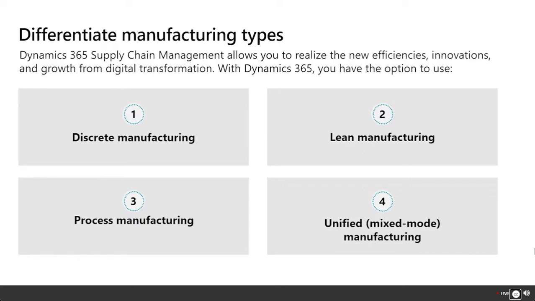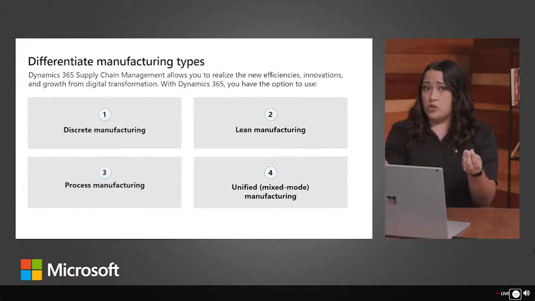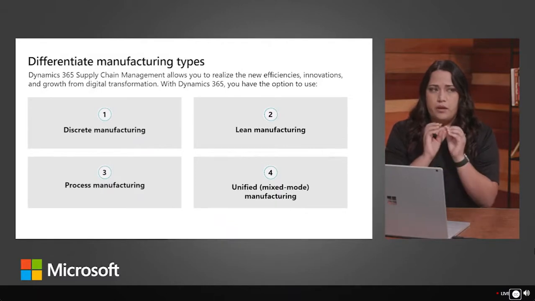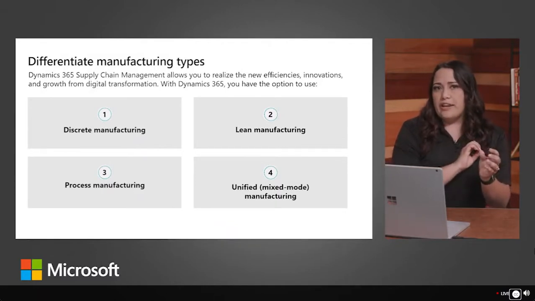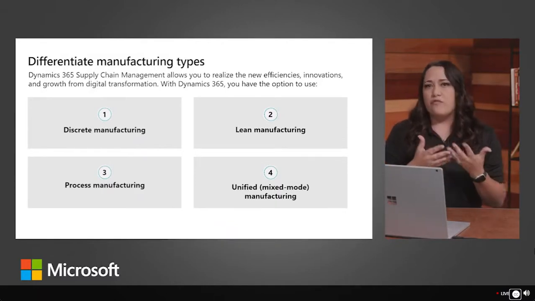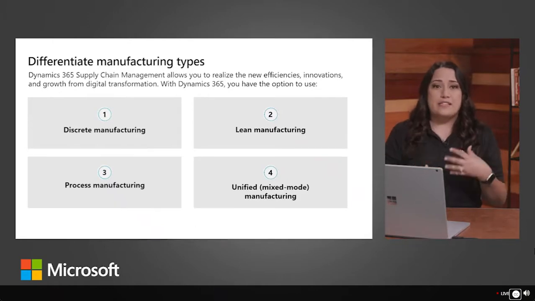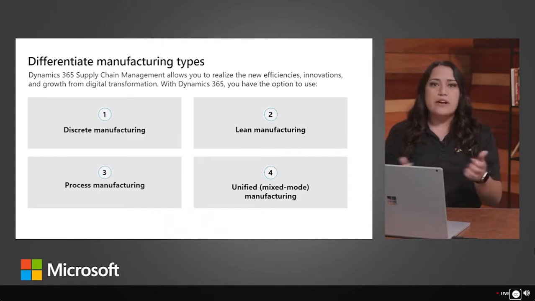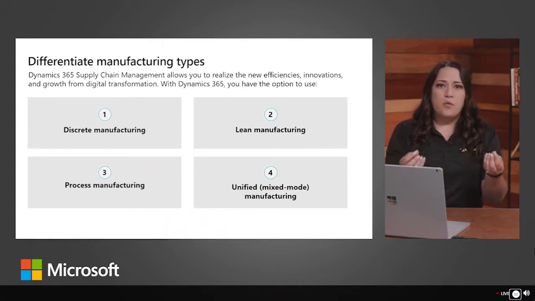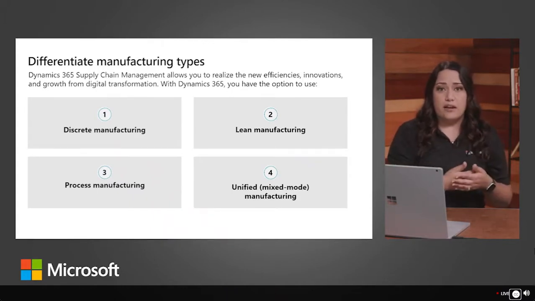I'm going to skip over lean manufacturing though, and we'll come back to it, but I want to come back to process manufacturing, because a lot of people get process and discrete manufacturing mixed up. Process manufacturing is going to rely on creating formulas or recipes to create the product. Whereas in discrete manufacturing, we're putting parts together to produce that distinct item.